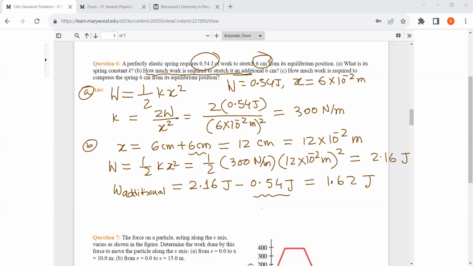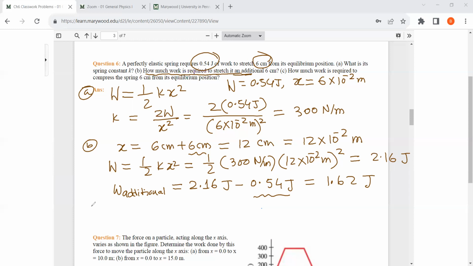It takes 1.62 joule of energy, which is about 3 times. For the first 6 centimeter, it takes 0.54 joule of energy. For the next 6 centimeter, it takes about 3 times 0.54.